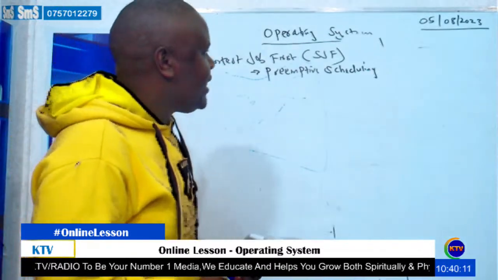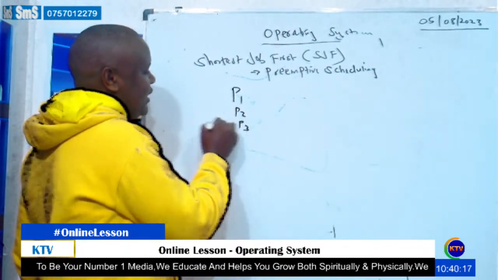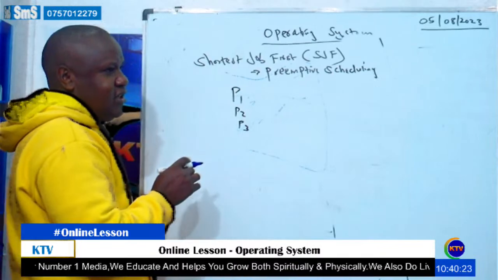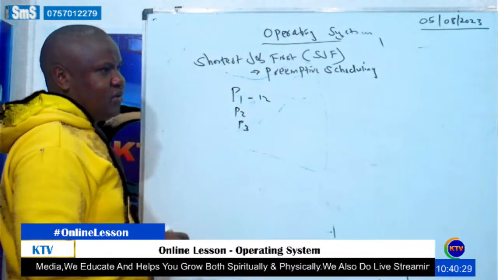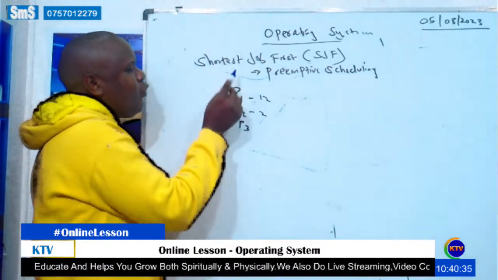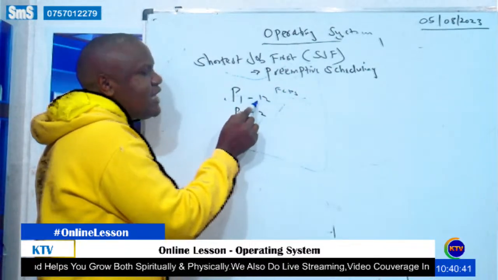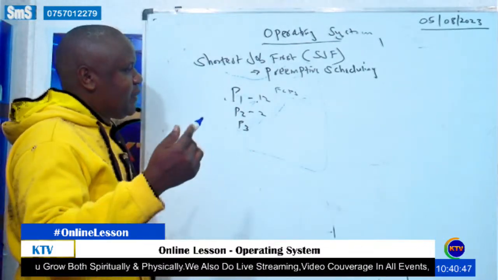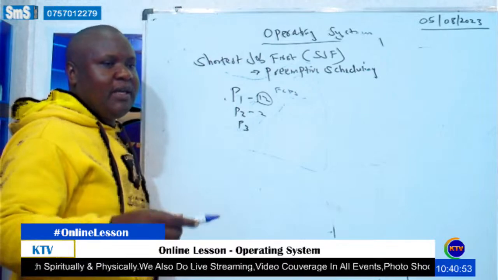In a case where we had given examples of process 1, process 2, and process 3, if process 1 has arrived earlier and has 12 burst time, and this one has 2 burst time, then with first come, first serve, this process is expected to take all these 12 milliseconds until it completes. That is when it will be terminated.